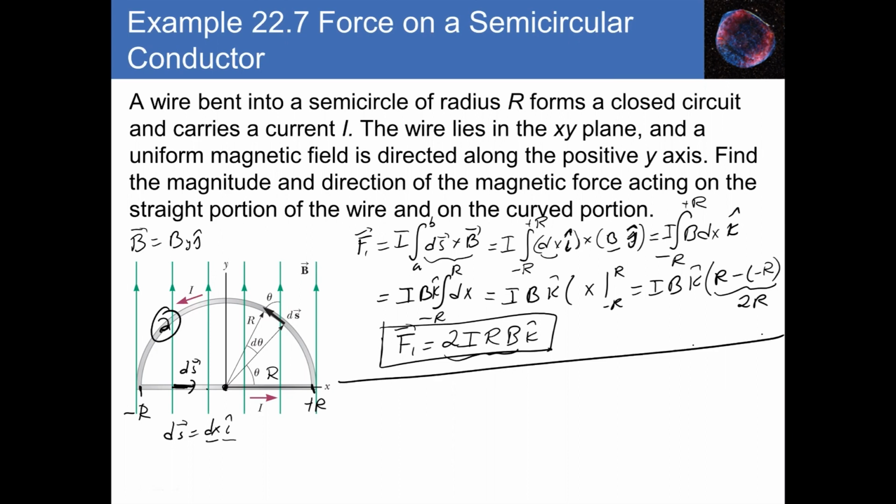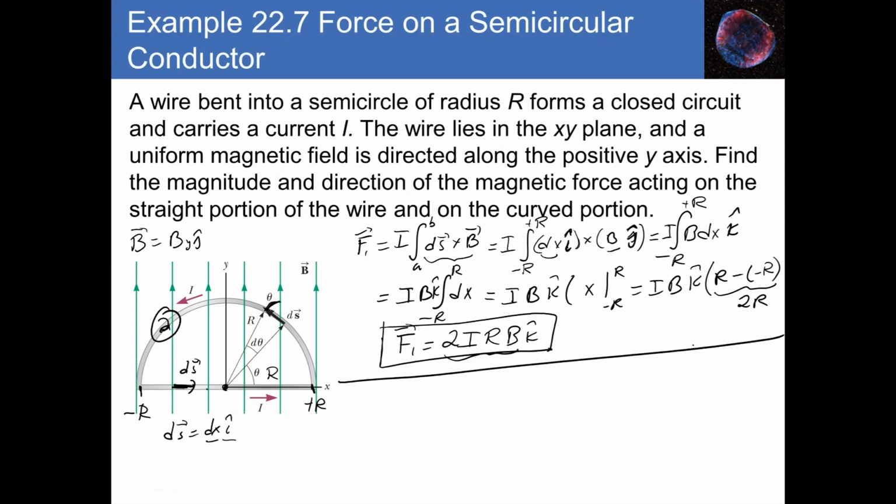The next is for the curved portion. For the curved portion, we are using this ds, so it's a little more complicated because it's a curved one. You can see there's this angle theta with respect to my ds and the magnetic field.